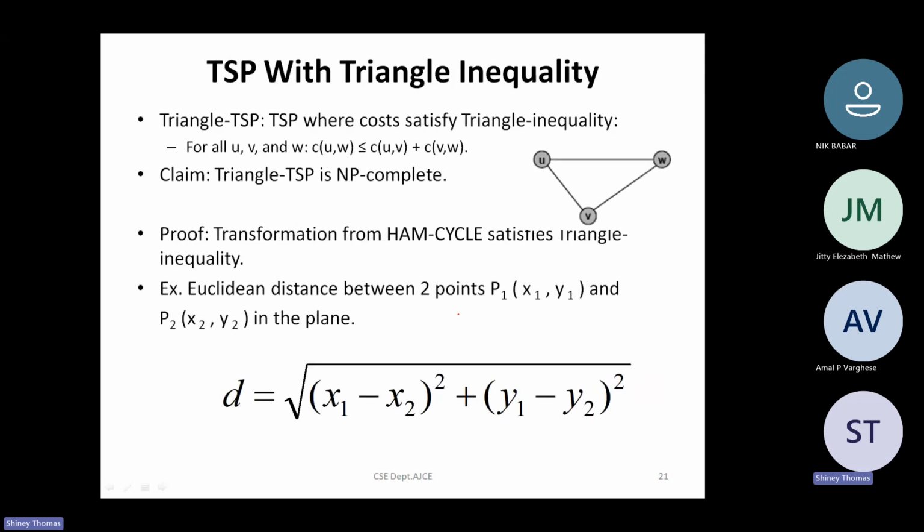Now, before moving on to the algorithm, you have to see an example of what the triangle inequality is. The algorithm that we're going to learn satisfies the triangle inequality property.